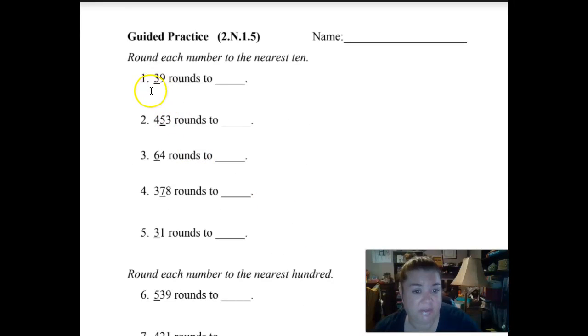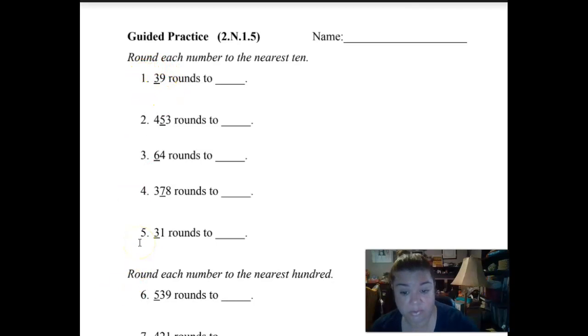Okay, we have 39, and this wants us to round to the nearest tens place. So we have the 3. We need to look at the number to the right, which is a 9. If it's a 5, 6, 7, 8, or 9, remember we round up. So what would that make this new number?